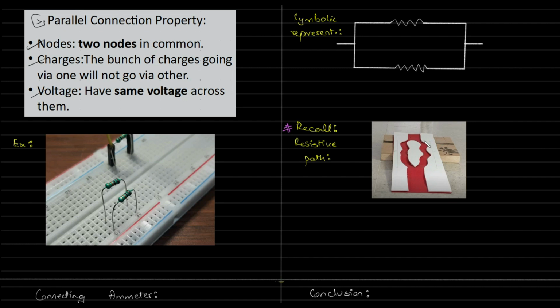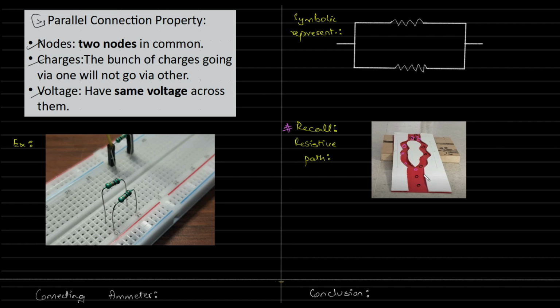So remember this cutout. When we left ball bearings, one bunch of it took one path and the other bunch of it took the other path. Is it not? Right? So this is your parallel connection.